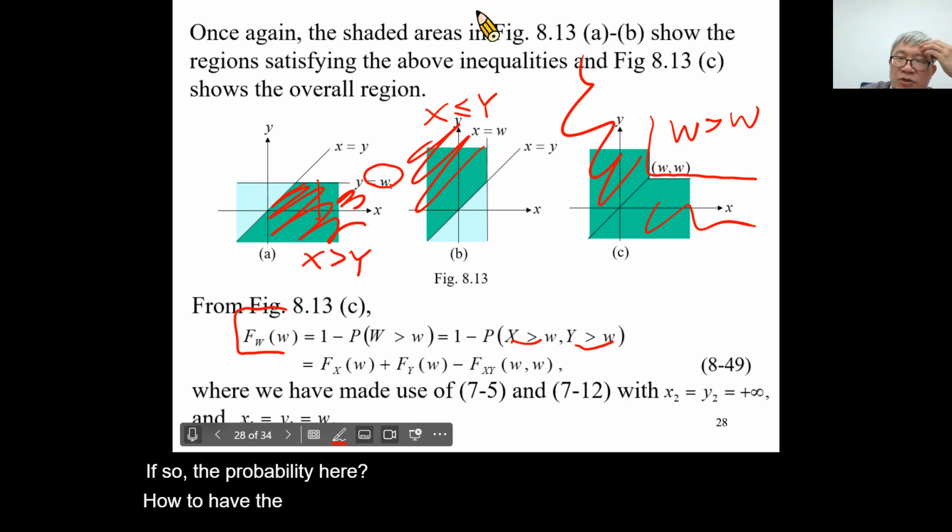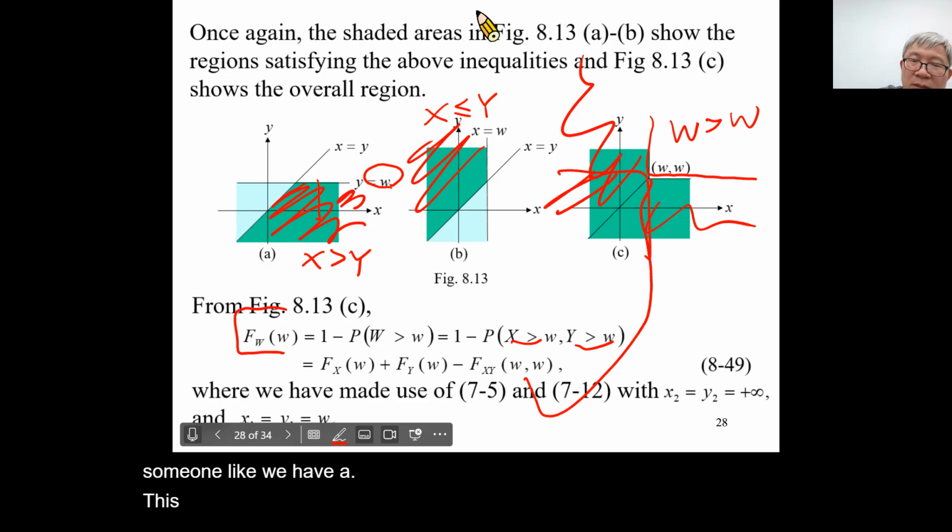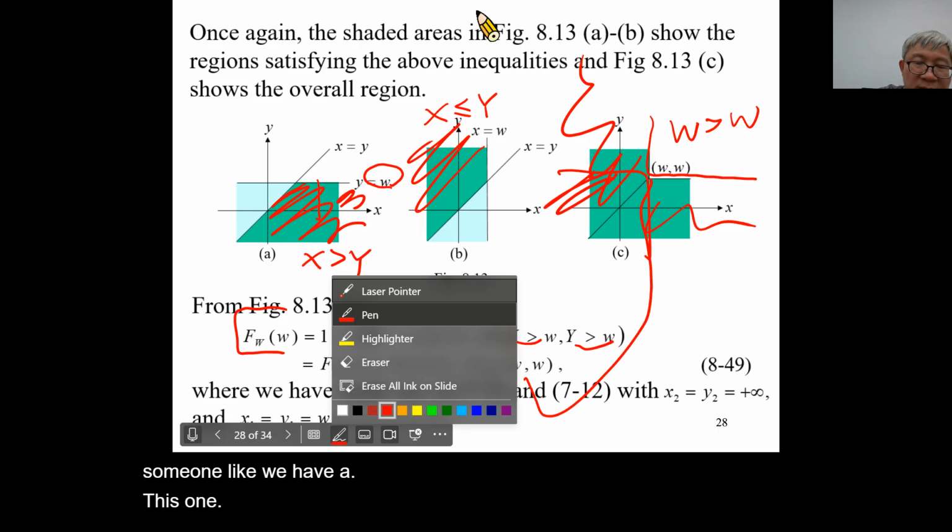The probability actually says, if so, then something like we have this one. I use a different color.